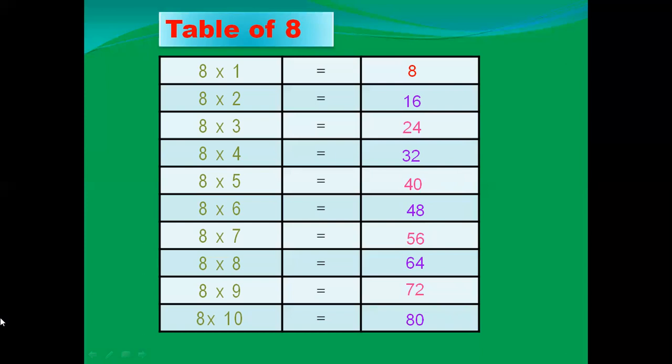Now read with me. 8 ones are 8, 8 twos are 16, 8 threes are 24, 8 fours are 32, 8 fives are 40, 8 sixes are 48, 8 sevens are 56, 8 eights are 64, 8 nines are 72, 8 tens are 80.